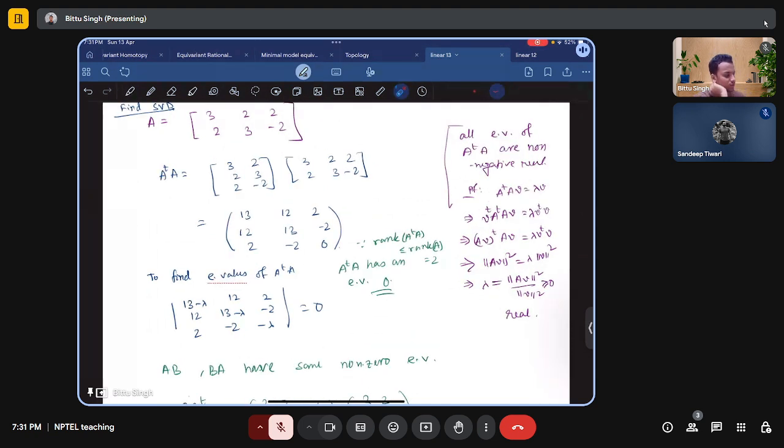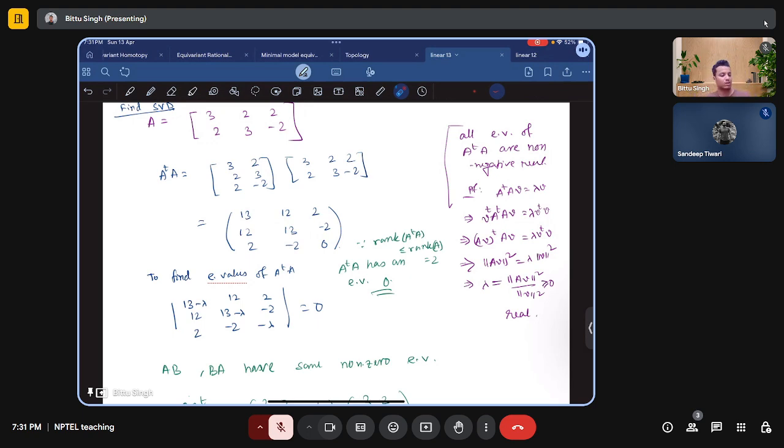Okay, so if we see this A transpose A, the eigenvalue must be wrong, because if one eigenvalue is 25, then the other eigenvalue must be 1, right? So either A transpose A is wrong.